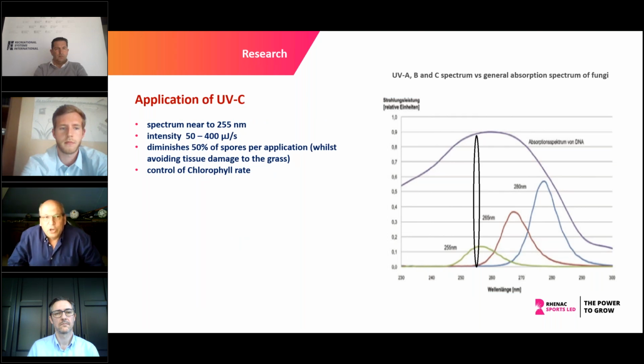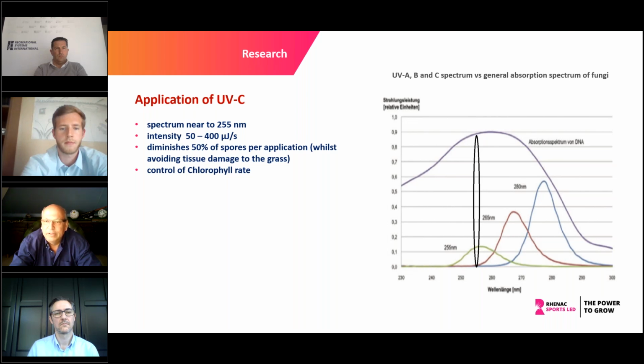What the graph here shows in the research is that we looked at the absorption spectrum into the DNA of a fungus. Typically, that's the top line, the purple line, with the wavelength on the horizontal axis and the radiation on the vertical axis.